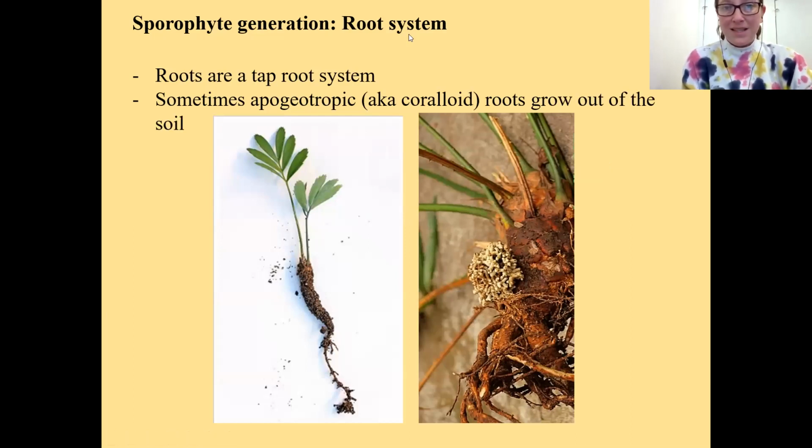Depending on what book you're using, you might also see the word coralloid. I like apogeotropic better because it actually tells you what they're doing. Apogeotropic or coralloid means that the roots grow out of the soil.